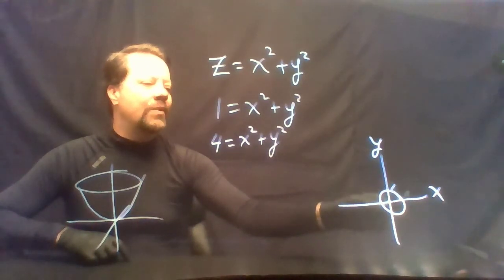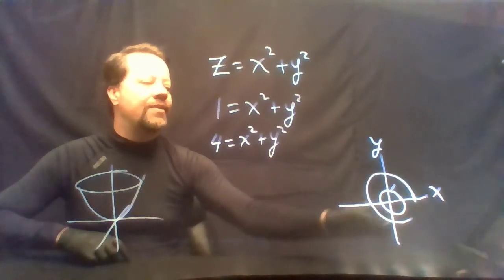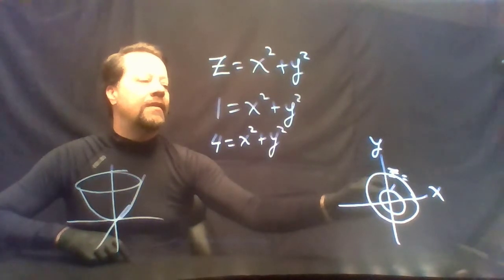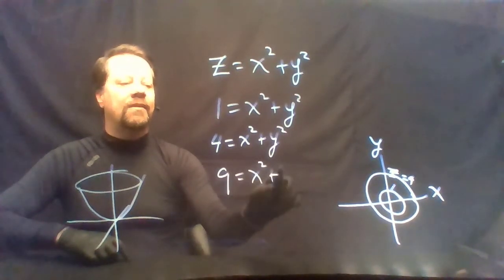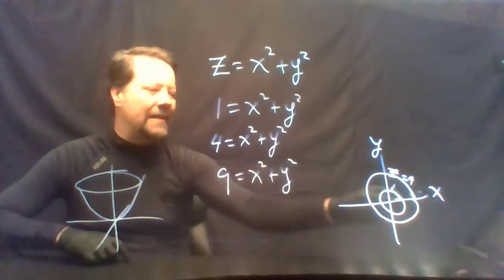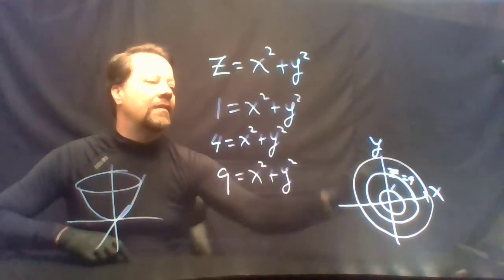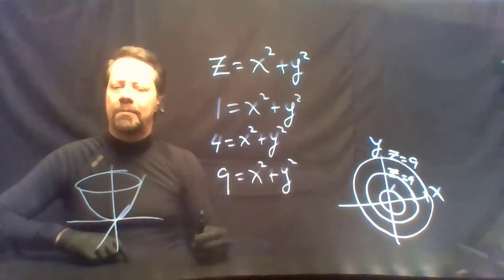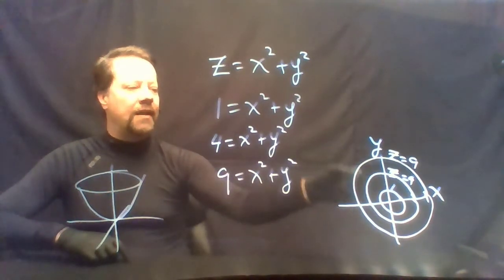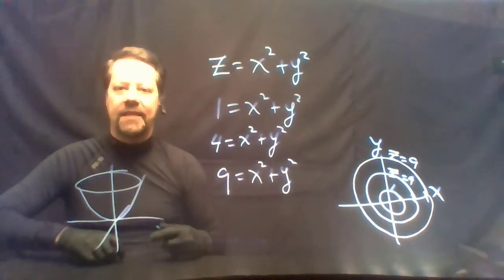So we had z equals 1. The circle of radius 2 corresponds to z equals 4. And a circle of radius 3 corresponds to z equals 9. You get a kind of topographical map with the elevation lines showing at different values of z.